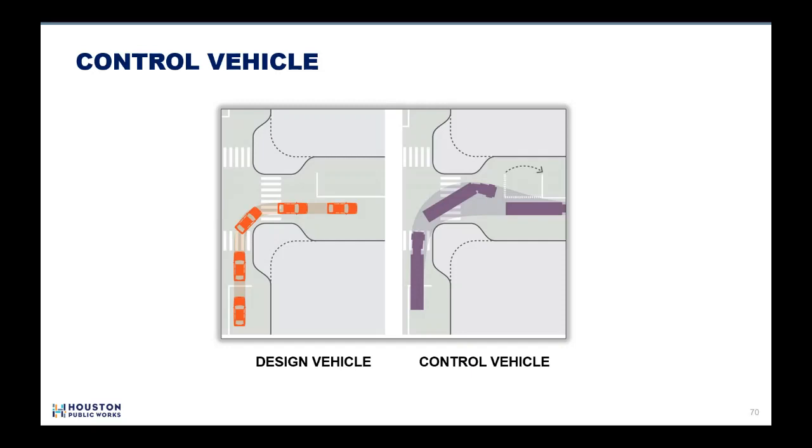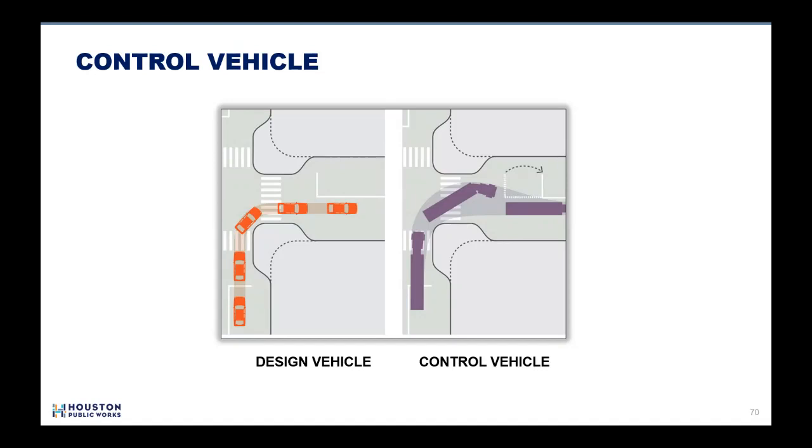A control vehicle is a vehicle that we expect to make a certain movement relatively frequently, not too frequently, and it might not be during the busiest times of the day, such that it might be totally acceptable for those vehicles to encroach a little bit. Like I can imagine on my streets in my neighborhood, they're relatively wide, but it's no problem at all if a fire truck or a school bus or whoever kind of encroaches on the oncoming lane because there are no other vehicles out there, and can turn into the oncoming lane.